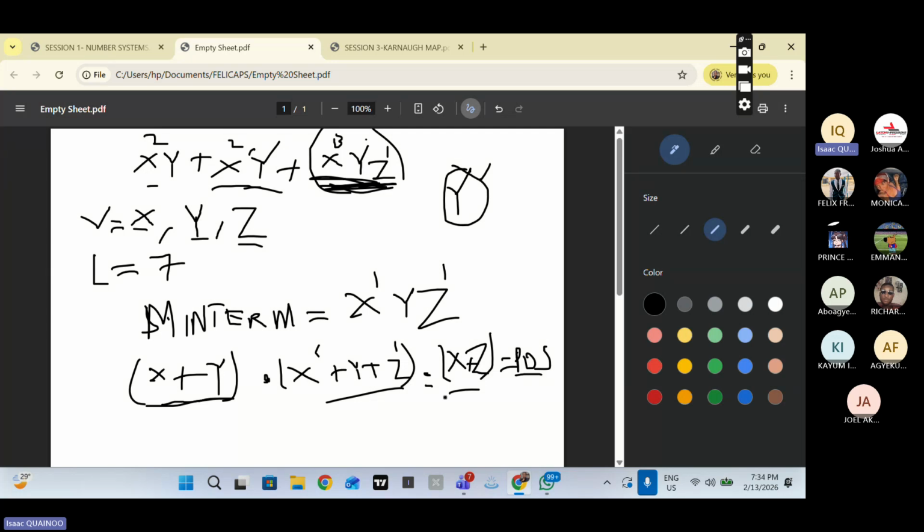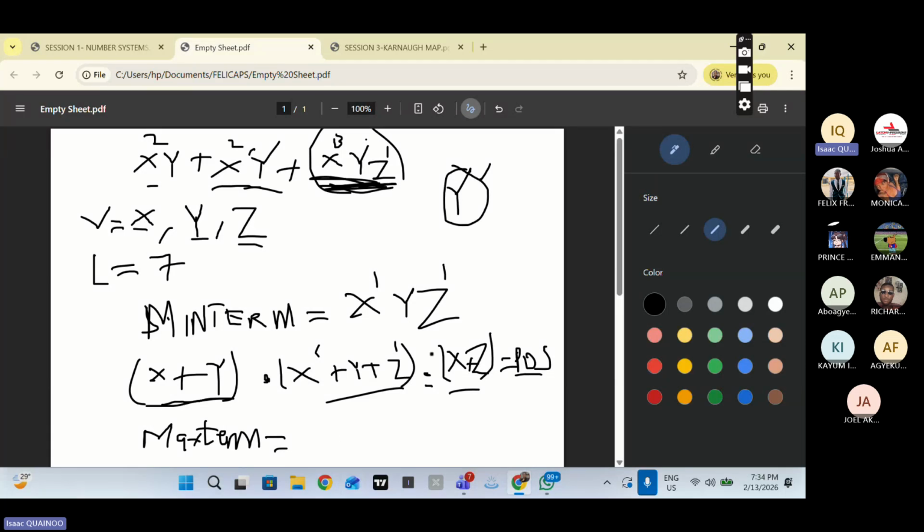And for product of sums expressions, we find max terms, just as we find min terms for sum of products expressions. So our max term will be the sum term that has all variables in our expression present.